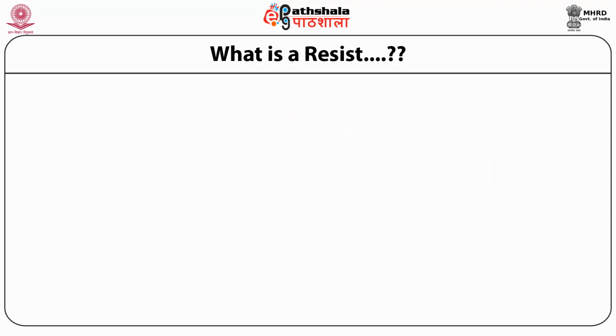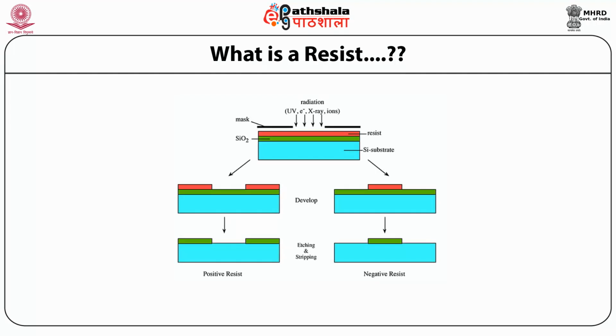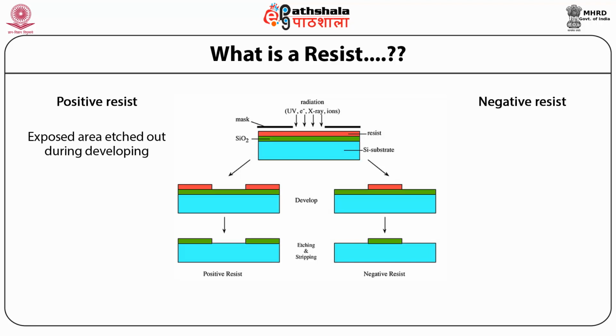Now the question arises, what is a resist? A resist, basically a photoresist, is of two types, that is a positive resist and a negative resist. In a positive resist, the exposed area is etched out during developing, and an example of a positive resist is PMMA.